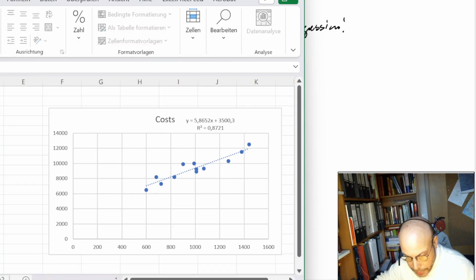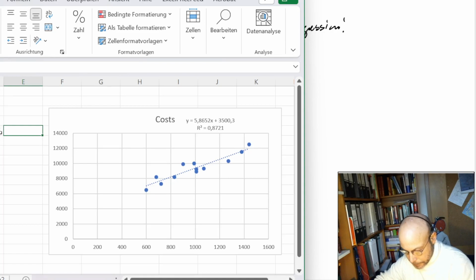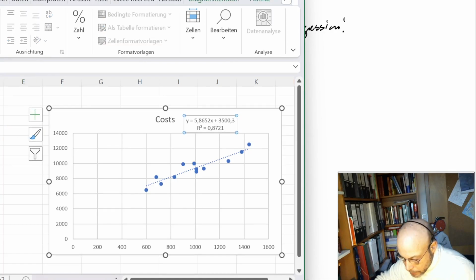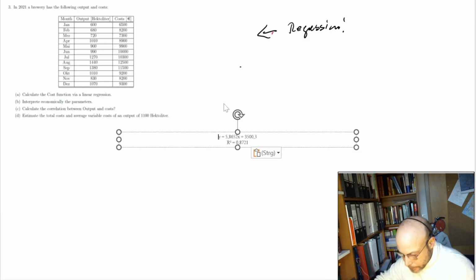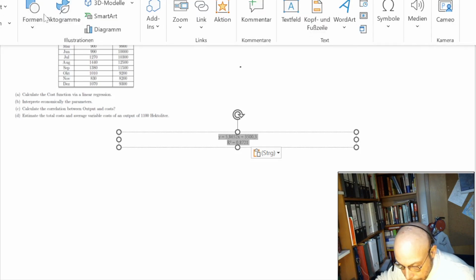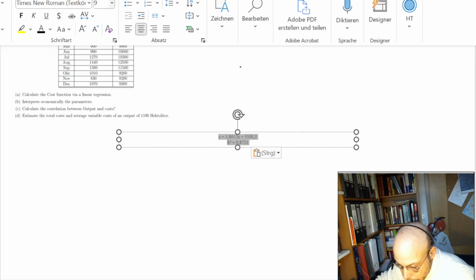And this should be X and Y. Sorry. So this would be our regression line.